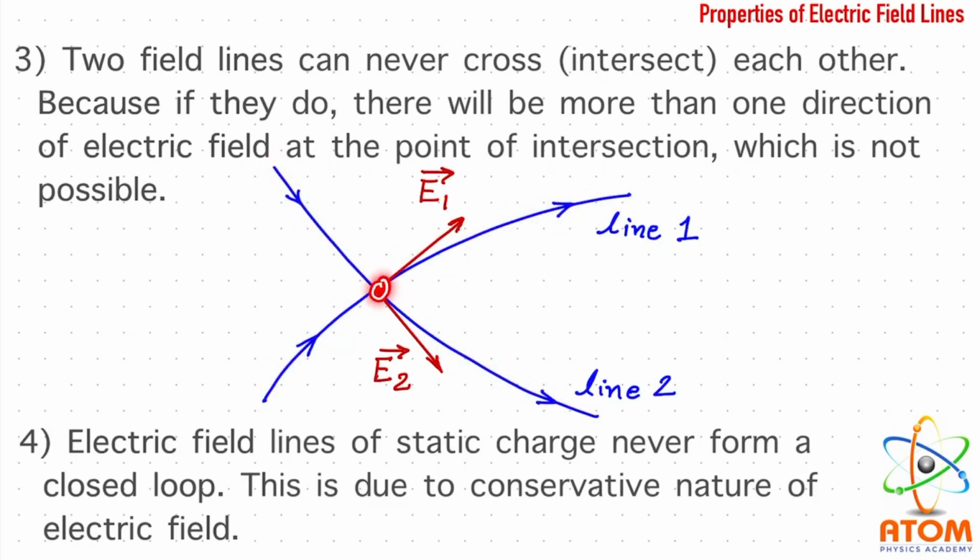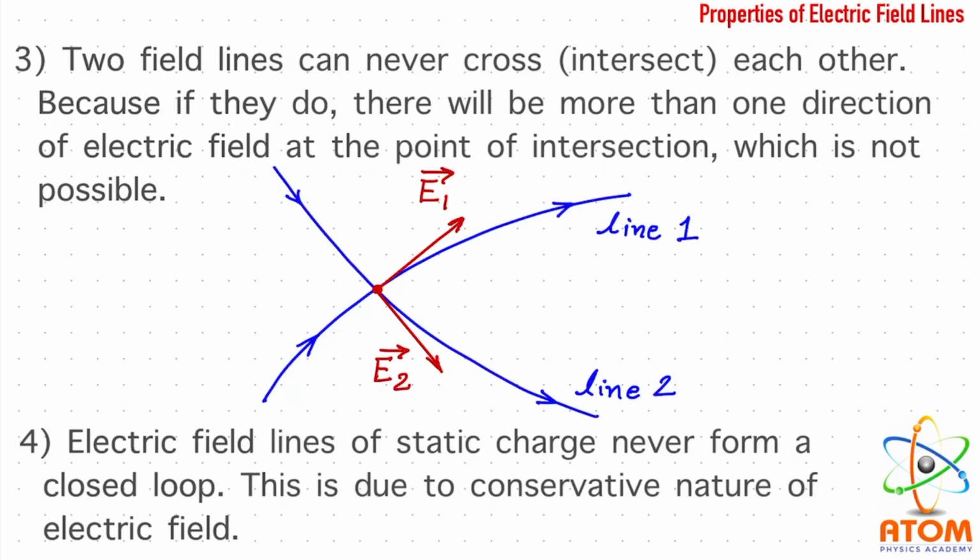Now at the point of intersection, if I draw a tangent to line 1, then that shows the electric field E1. And if I draw a tangent to line 2, then that shows electric field E2. That means at this point there are two directions of electric field, which is obviously not possible. So intersection of two field lines is not possible.